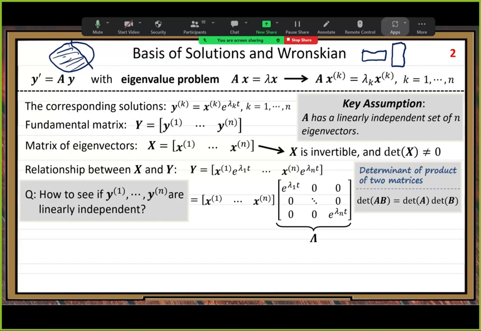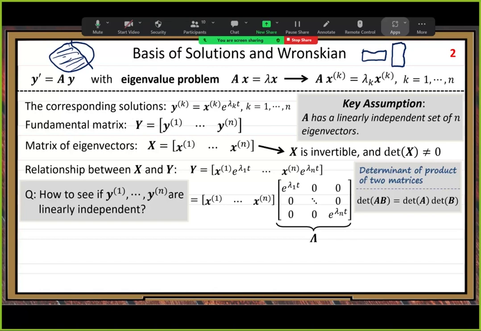There is no definition of determinant for a non-square matrix. So here we need to check: both matrices must be square matrices. Then we can apply this formula.